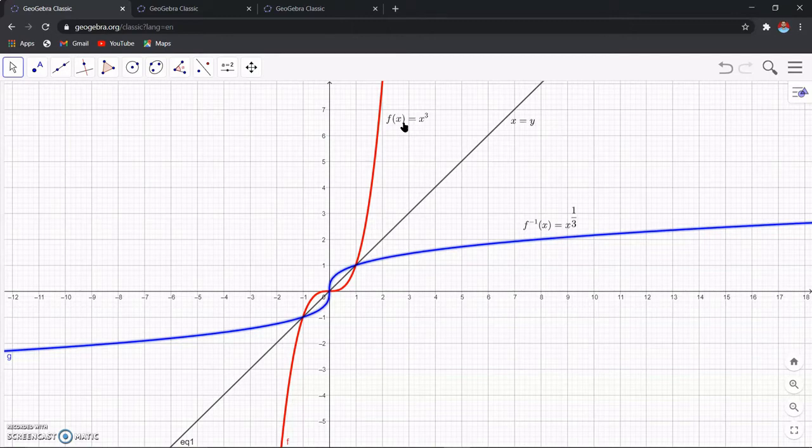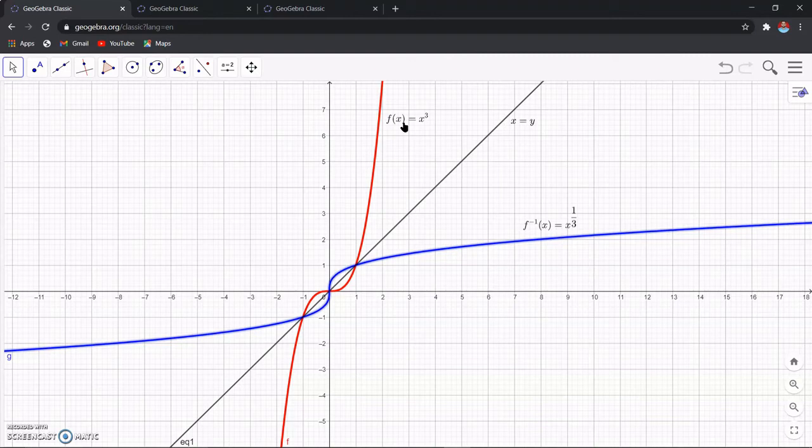Okay, and its inverse is x raised to 1 by 3, that is the cube root of x. And the graph that is coming in blue here is the graph of the inverse of the function f. This line in between is the line x equal to y, which is passing through the origin.